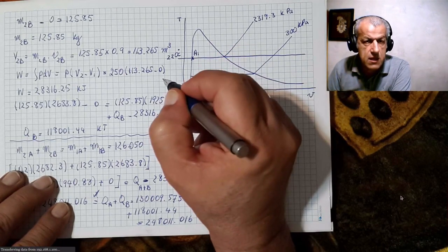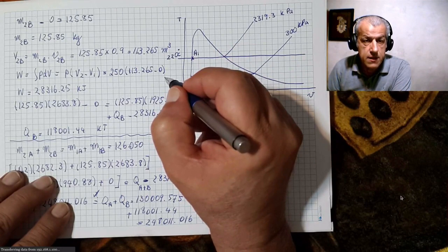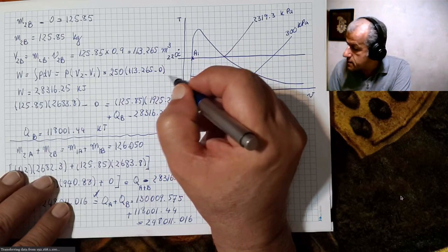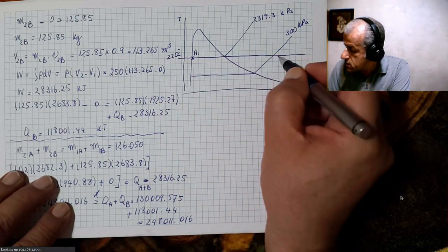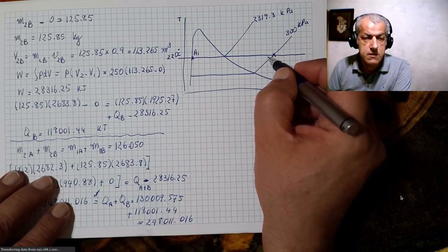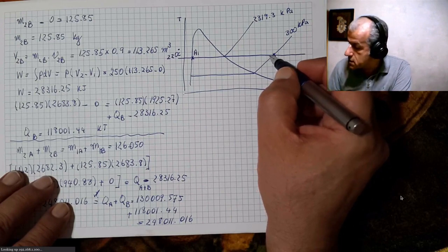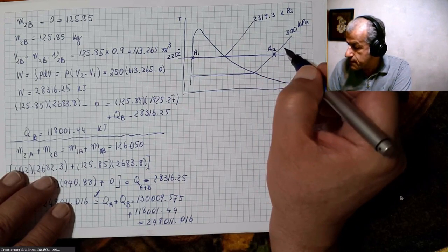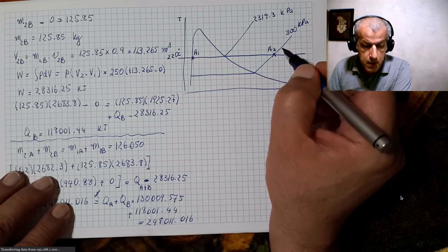This is the initial condition, saturated liquid at 220 degrees C. And the process in A continues until the temperature is 220 degrees C and the pressure is 300 kilopascals. So this would be A2.